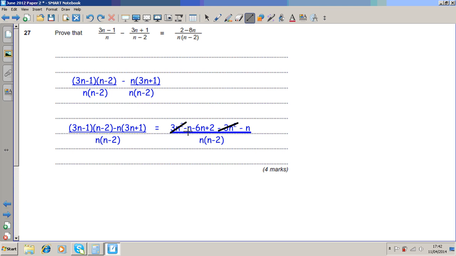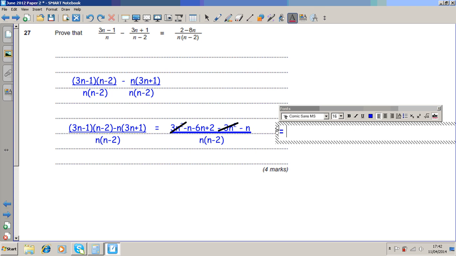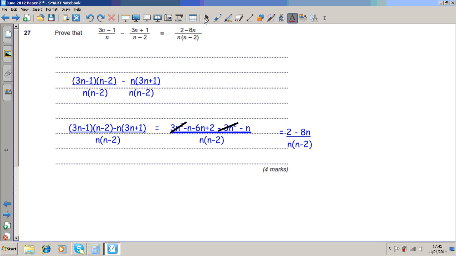And I've got minus n minus 6n minus n, so that's going to be minus 8n. So on the top, I've got 2 minus 8n, and on the bottom, I've got n minus 2. And that there is what we're after, because that's what the question asked us to find, that is equal to that.